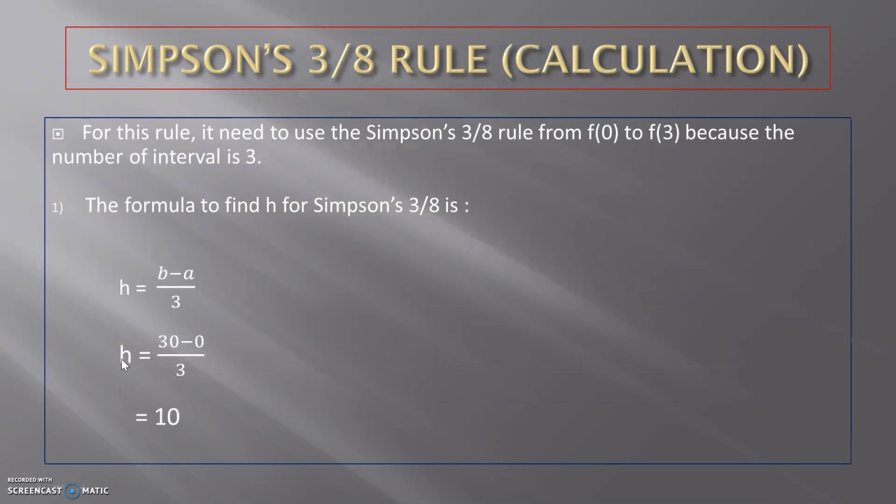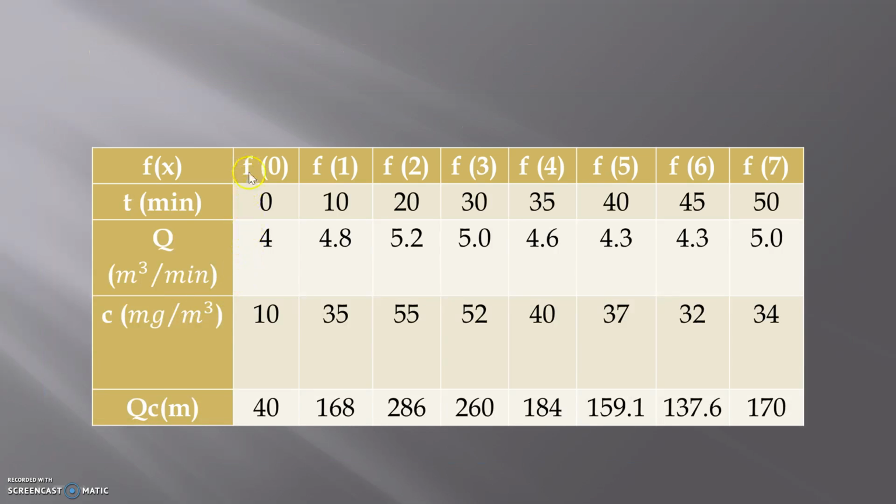Next, the Simpson 3/8 rule was selected because, due to the formula of h of Simpson 3/8 rule, the h is equals to b minus a over 3, where 3 is the number of data interval, which is the data are having the same interval of 10 from function of 0 until function of 3.